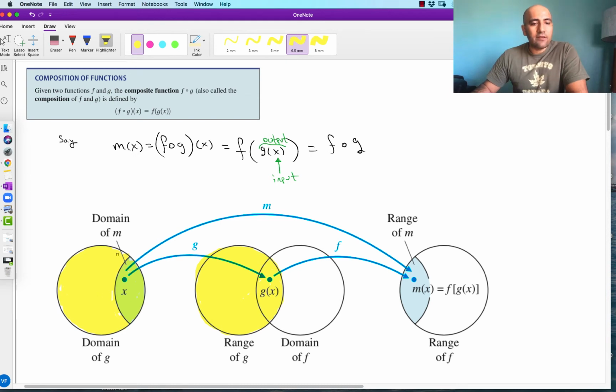All the possible input values to our g function come from here, and they map to something in the yellow circle. Separately we have this other domain over here, the domain of f. It's a completely separate function. It's got its own set of values. So let's highlight the domain of f.